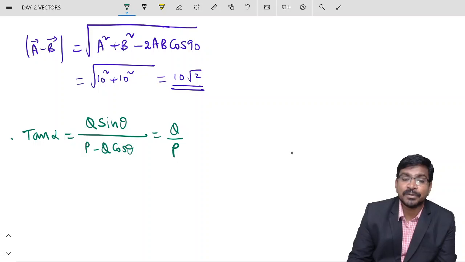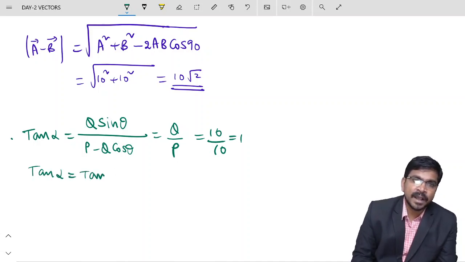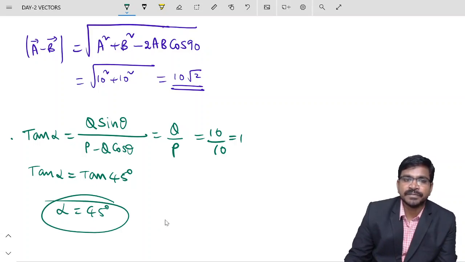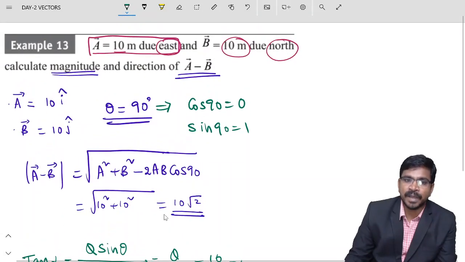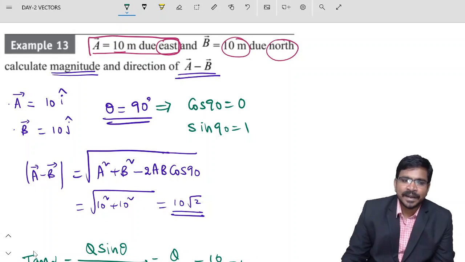What is P value? 10. So 10 by 10 will give you 1. If tan alpha is equal to 1, 1 can be written as tan 45 degrees. So alpha is 45 degrees. Direction is 45 degrees and magnitude is 10 root 2. Okay. Next.